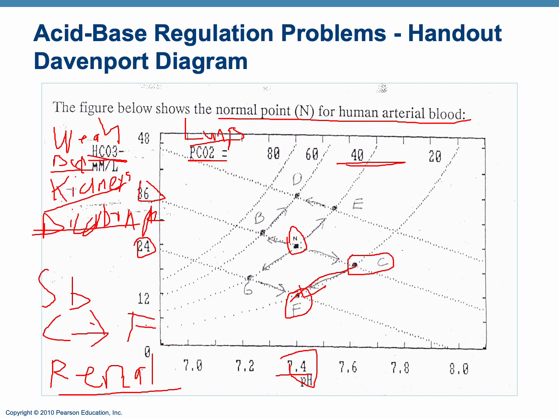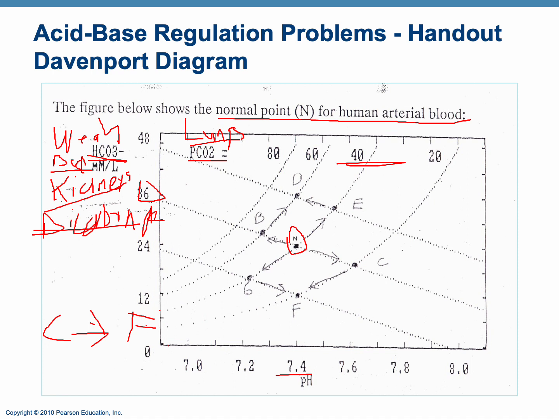Okay, the next one we're going to go through is number 6A. So we'll go ahead and we'll erase our work here. So 6A.